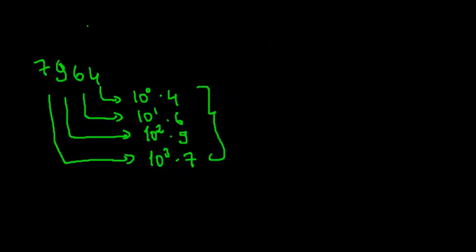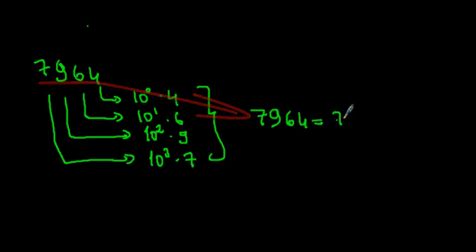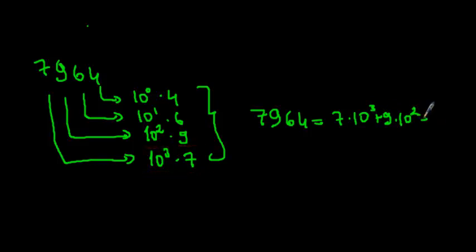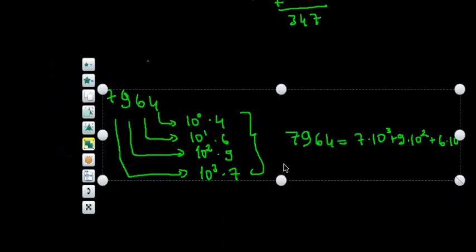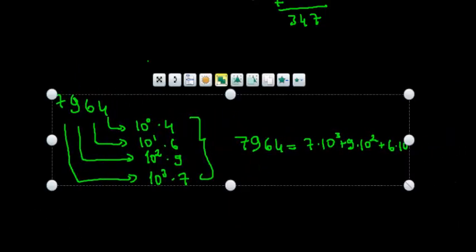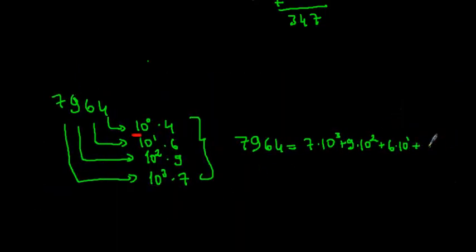And from the beginning, if I write 7,964 in decimal form, 7 times 10 to the power of 3, it must be 9 times 10 to the power of 2 plus 6 times 10 to the power of 1, and the last one, 4 times 10 to the power of 0.